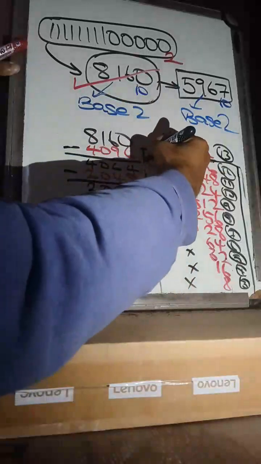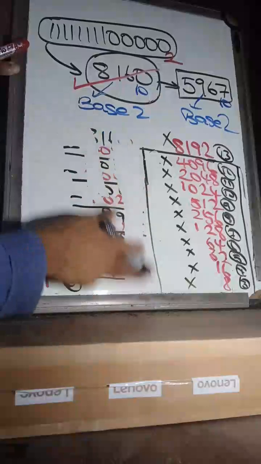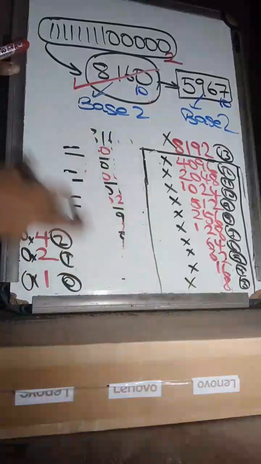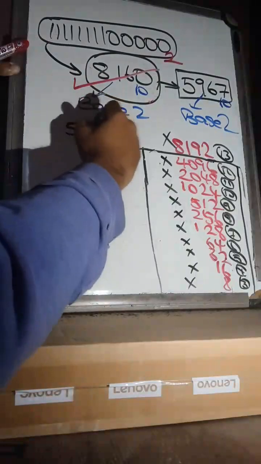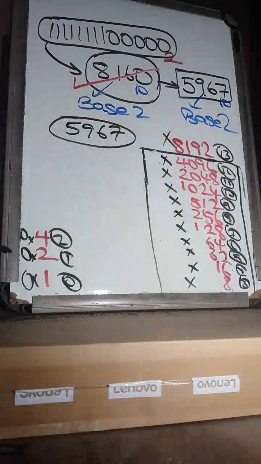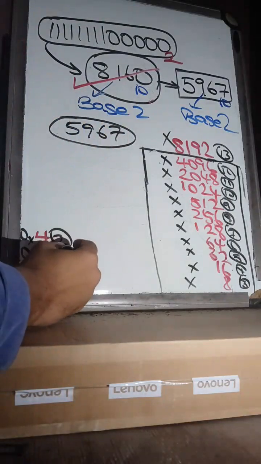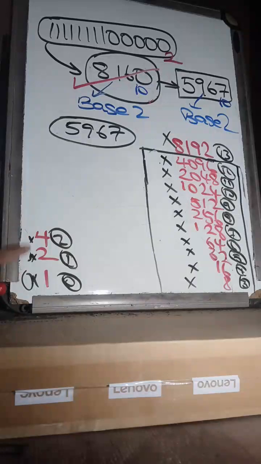We could still keep this. And let's get rid of that. Let's put down here 5,967. I don't need these zeros here either.